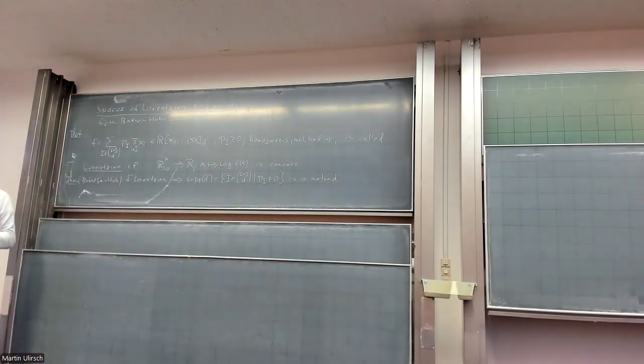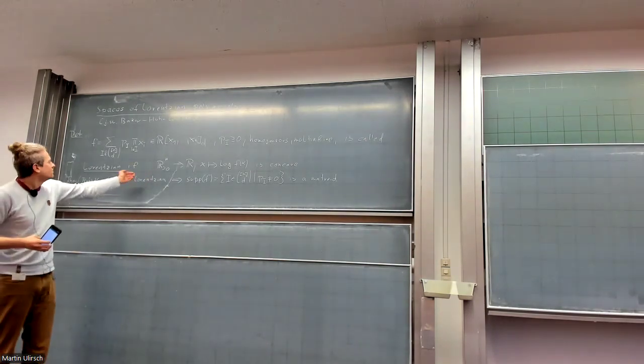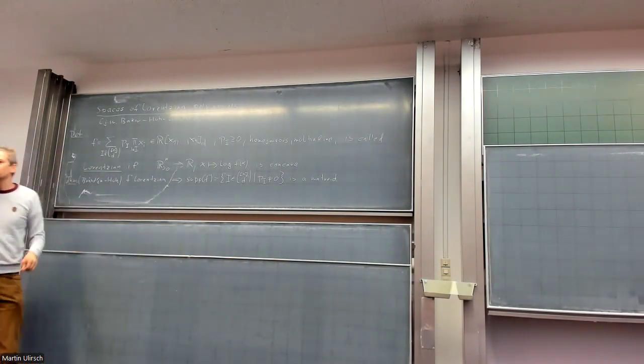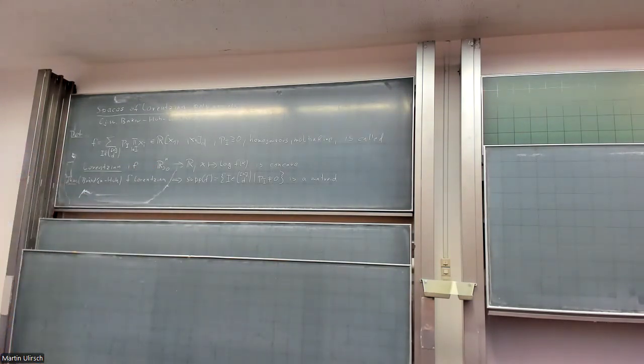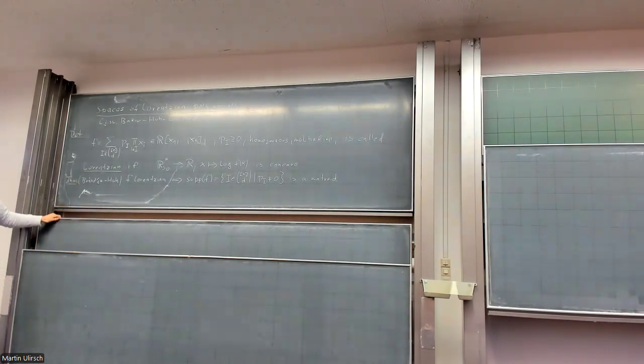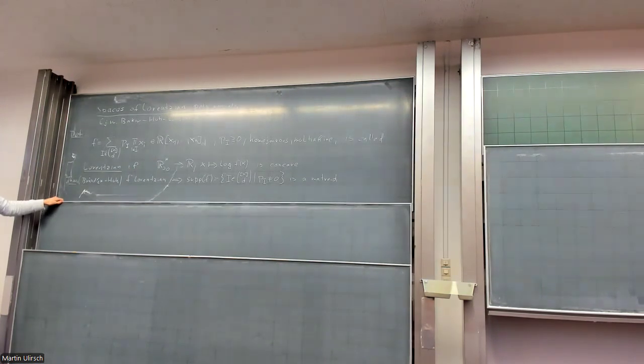Your definition still holds if I leave multi-affine? No. Yeah, you would have to require that any derivative in coordinate direction is log concave on the positive orthant. So some people call this strongly log concave or something like this.